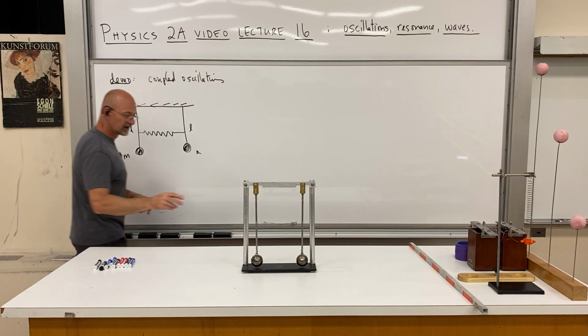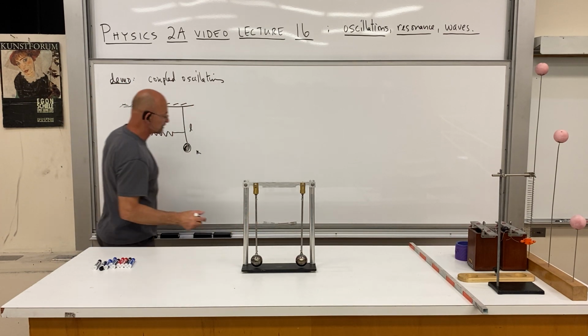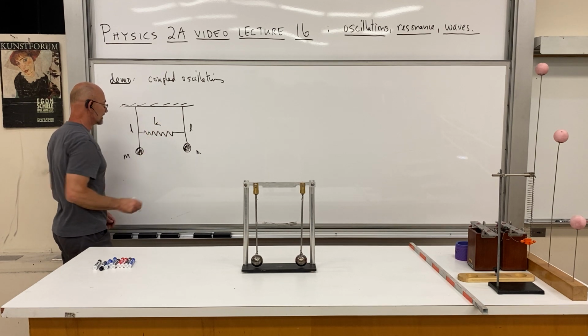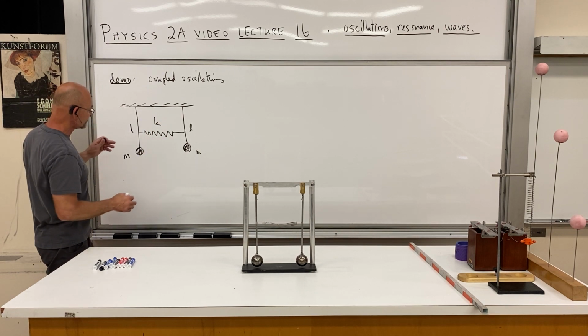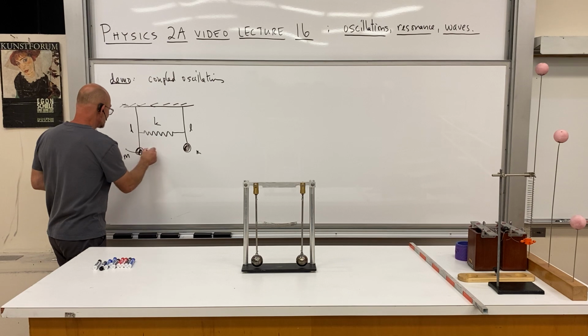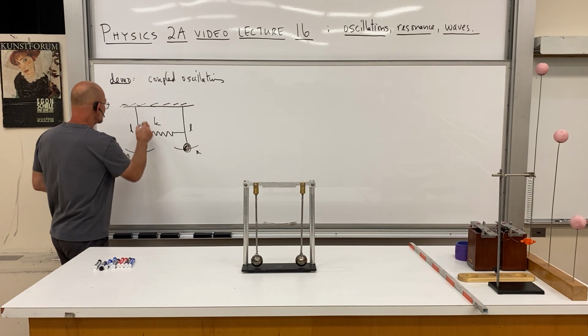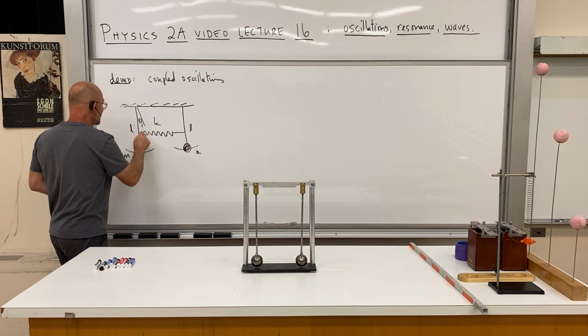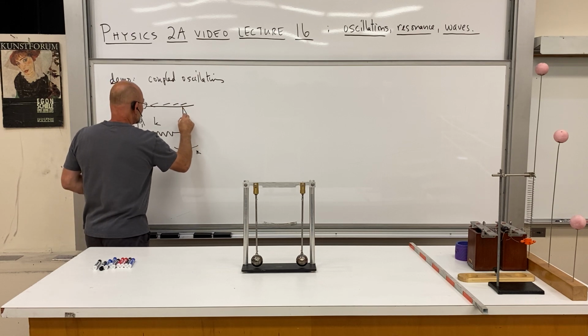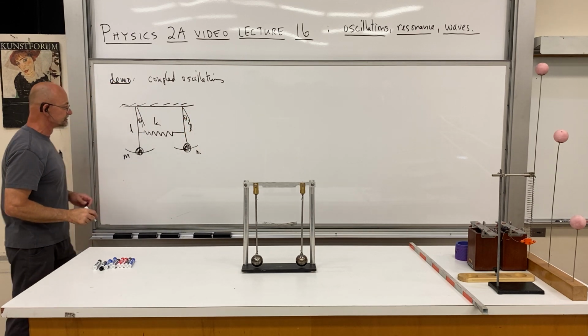You notice this is a very soft spring. Suspended by the spring, and we just saw what happens. These can oscillate, these can oscillate. I'll say that there's a theta sub 1 here, and there's an angle theta sub 2.